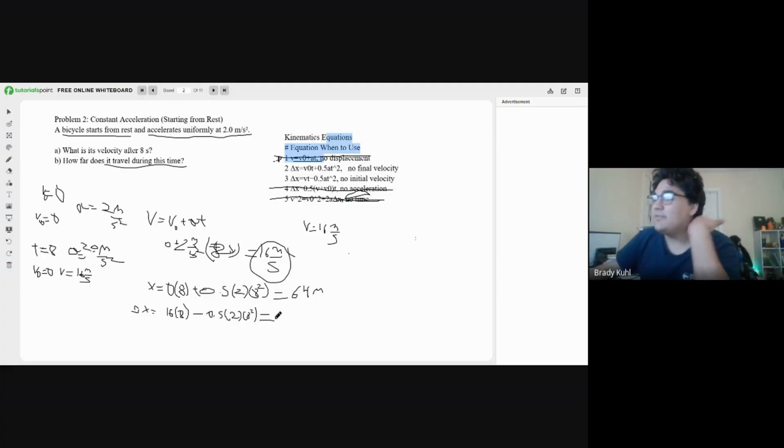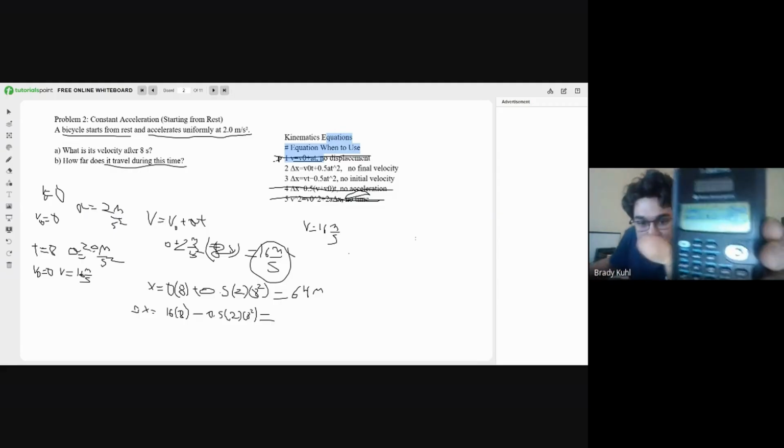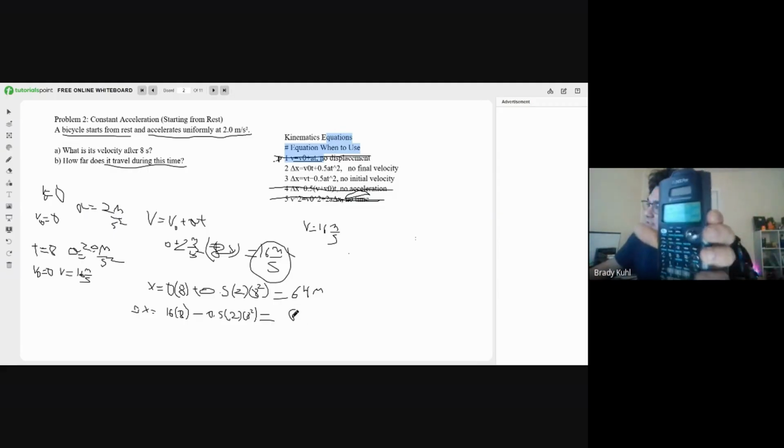This would equal the same thing unless I'm wrong. So 16 times 8 is 128, minus 0.5 times 2 times 8 squared, oh, 64. Final answer is 64 meters.